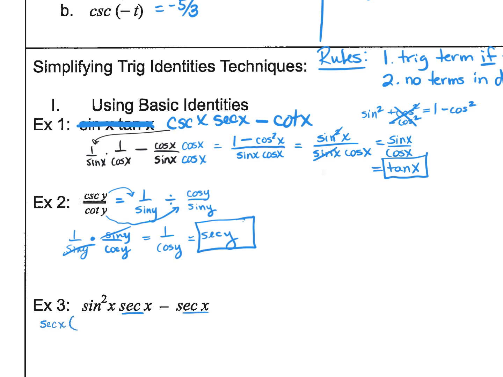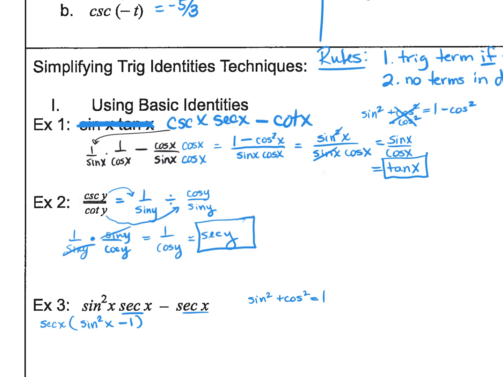So secant x, what am I left with inside? Sine x, sine squared x. And... Oh, look at that. Sine squared minus 1. How can we get sine squared minus 1? What do we know? Sine squared plus cosine squared equals 1.